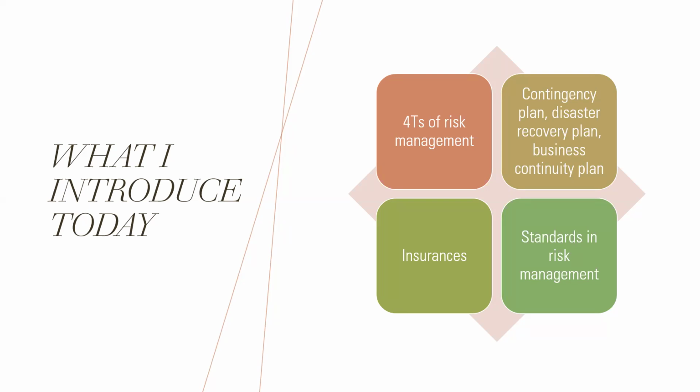Second, we learn about different plans in risk management: contingency plan, disaster recovery plan, and business continuity plan. Then another topic that is very familiar to any level 4 student: insurance. Different types of insurance and the principles in insurance. And finally, CIPS prefer to ask about ISO standards, so I don't skip this, and we are going to review the key standards in risk management.